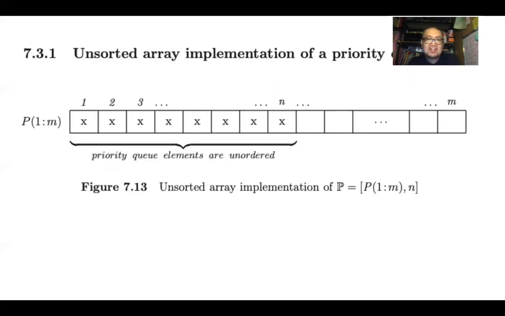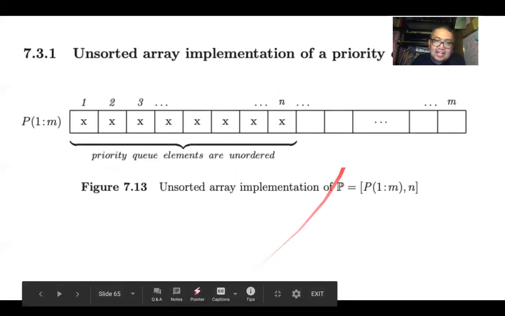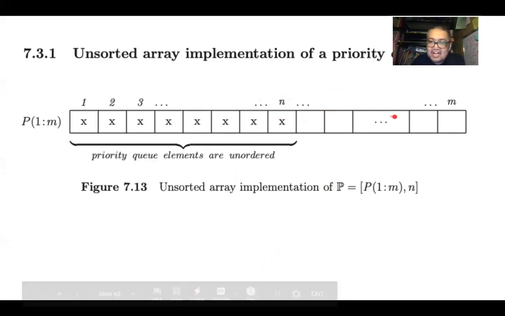How do we implement it? We can implement it using an unsorted array. We just insert the latest element at the right side of the array, so this is just like a stack. The n here just moves to the right as we add elements. So it's easy to add elements.